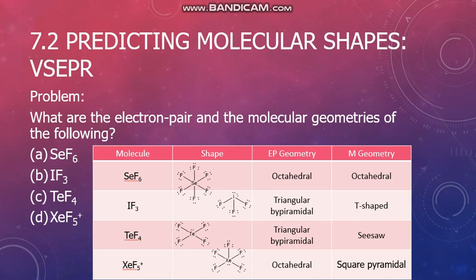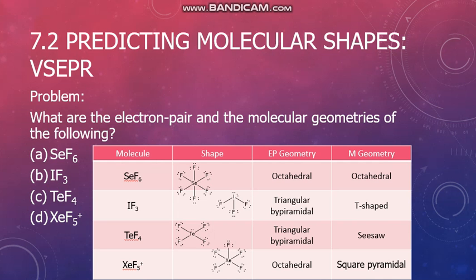AX3E2 has triangular bipyramidal electron pair geometry, and we have T-shaped molecular geometry. Next, we have TeF4. The type of the molecule is AX4E1 or AX4E. So the electron pair geometry here is triangular bipyramidal, and the molecular geometry is seesaw.